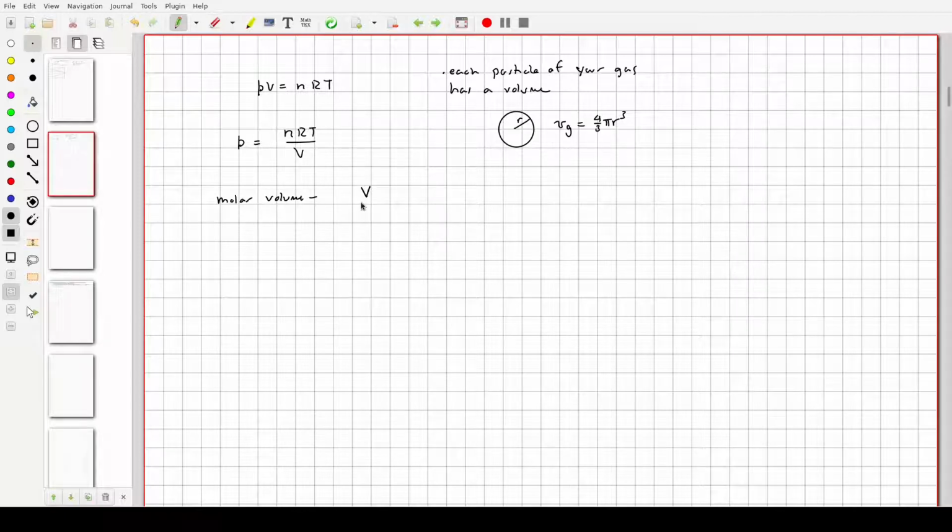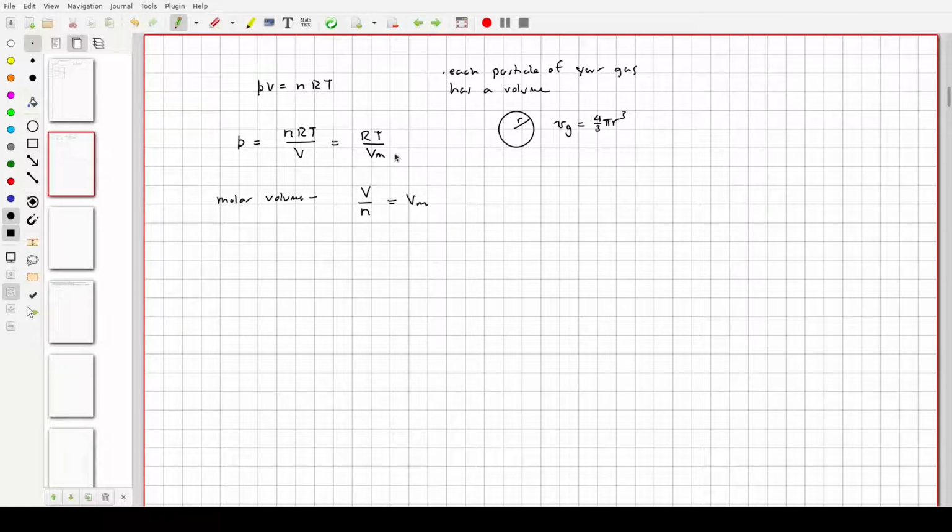If you take the volume of your gas and you divide it by the number of moles, this usually is something that we call V sub m. It's basically the volume per mole of your gas. So you have V over n for our molar volume. And if you look at our equation here, in the denominator you have a V, in the numerator you have an n. So you can rewrite this as RT divided by V sub m.